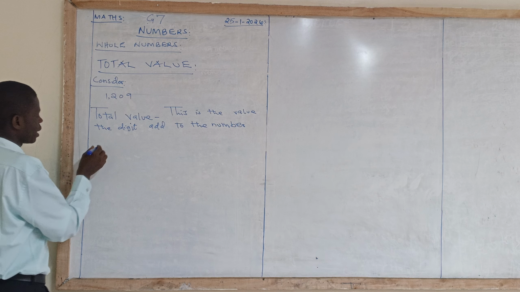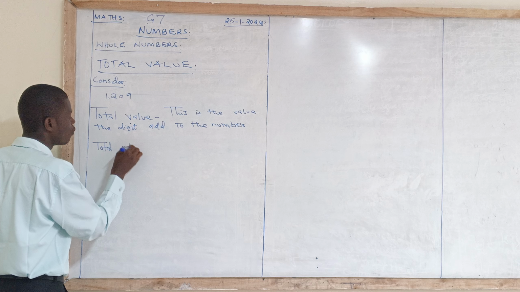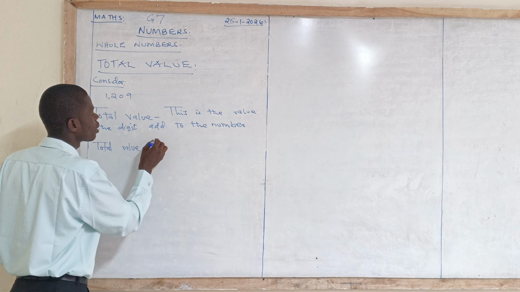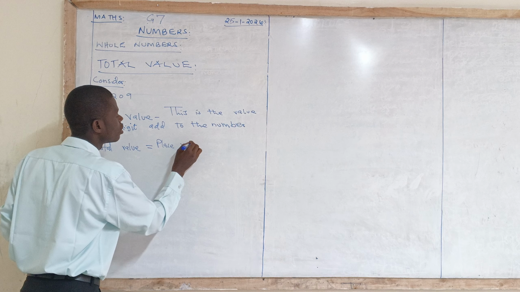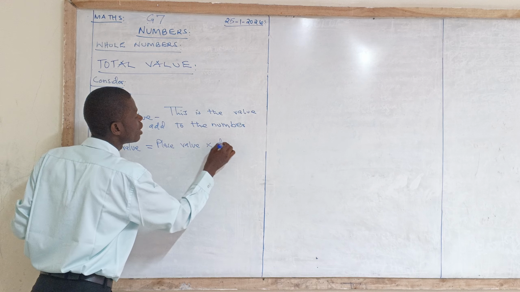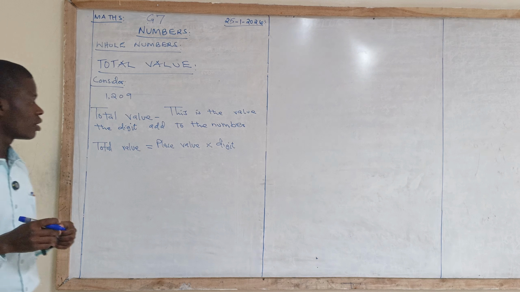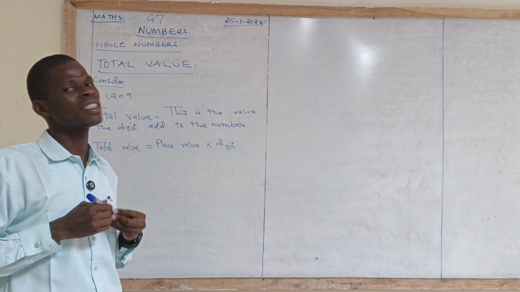So what can you say? Total value of a digit is equal to the place value times the digit. As simple as that.